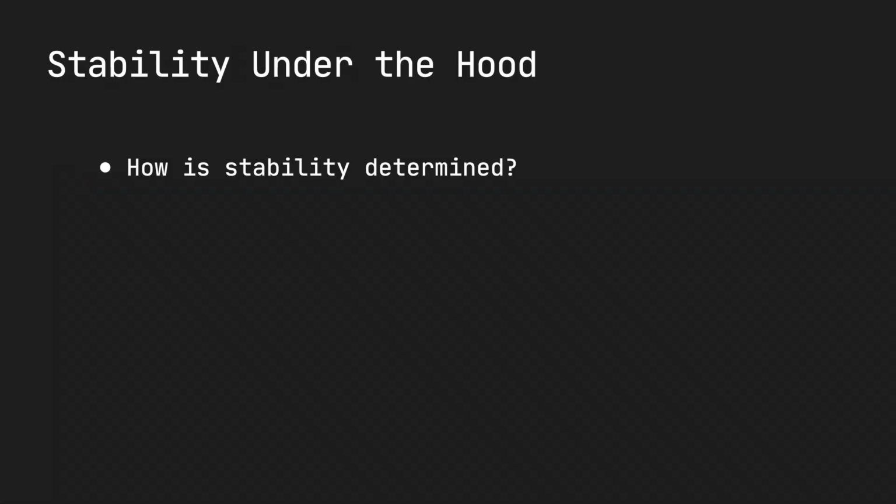So how is stability determined under the hood? As I said before, stability is determined by mapping to a sealed class. There's a sealed class which is used in the Compose compiler plugin to model stability. And the plugin goes through each IR type and determines which type of stability it is.